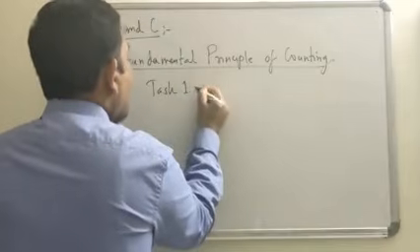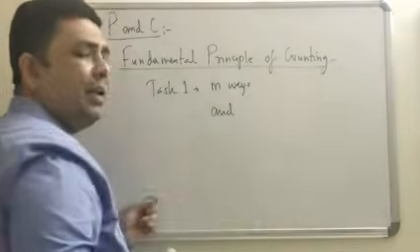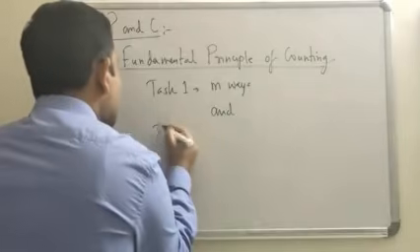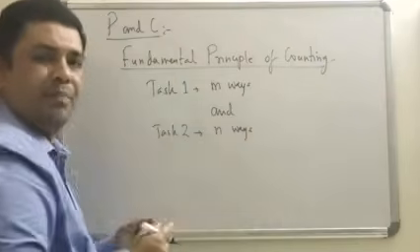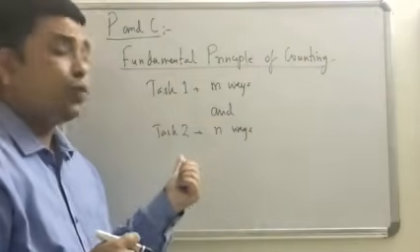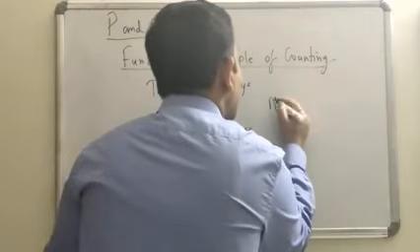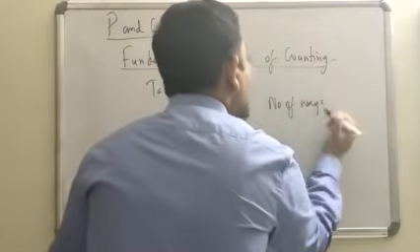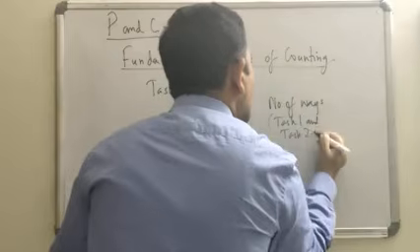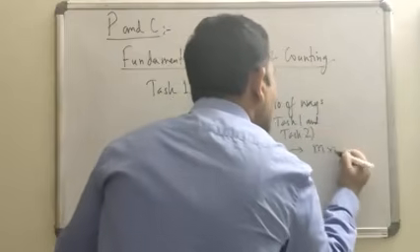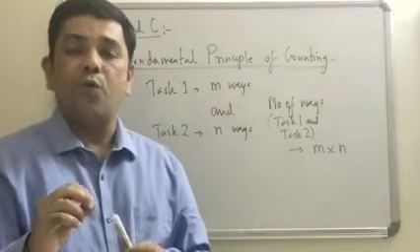If task 1 can be done in m ways, and after completing task 1, there is another task 2 that can be done in n ways, then the number of ways in which task 1 and task 2 can be done together is m into n. This is the fundamental principle of counting.